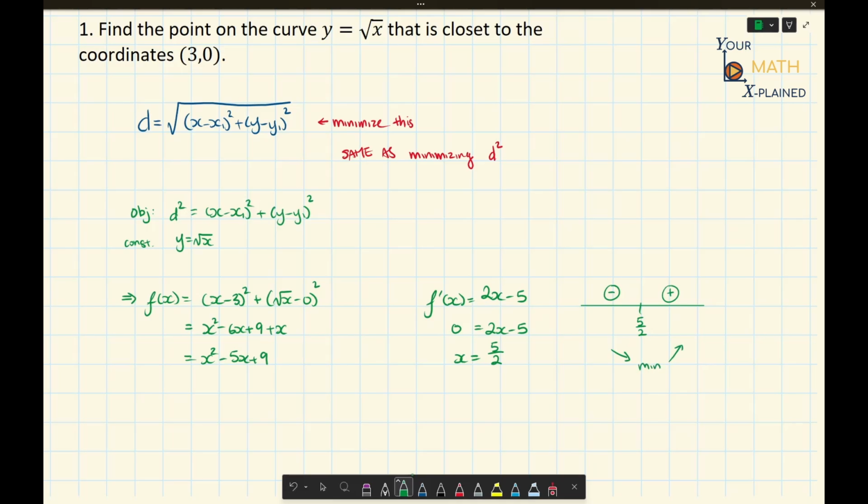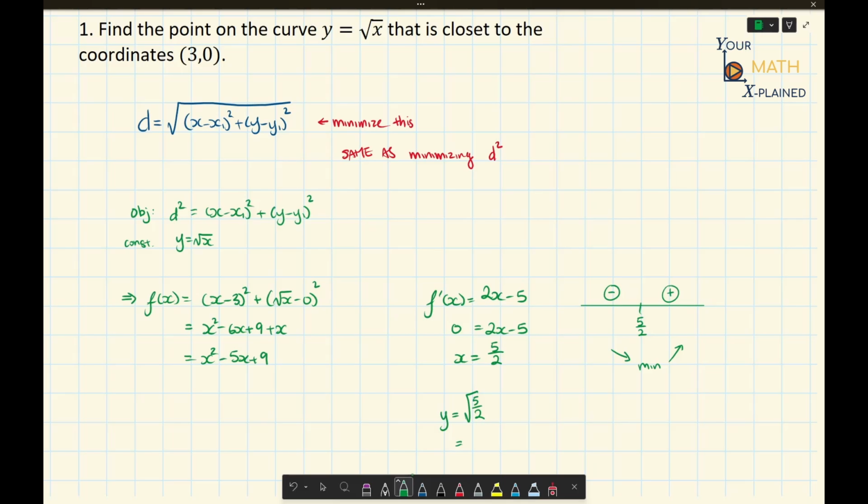we have a minimum. So now finally, to answer the question, we want to find the point on the curve, which means we need a full coordinate pair. So using x is equal to 5 over 2, we can go ahead and find our y value, and y is going to be equal to the square root of 5 over 2, and then we can also go ahead and rationalize this if we wish.